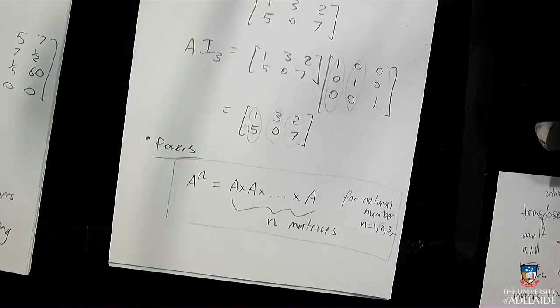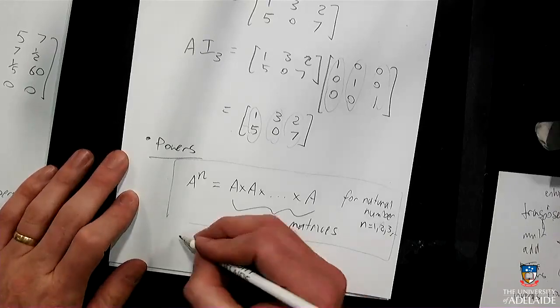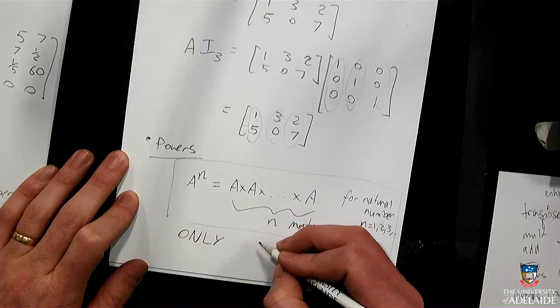But the only way you can multiply a matrix by itself is if it's a square matrix. Because the number of entries in the rows has to match up with the number of entries in the columns, and so you have to have the same number of entries in the rows as you do in the columns, so it has to be square. So it only works for square matrices.